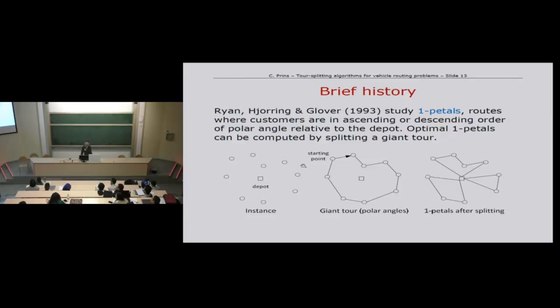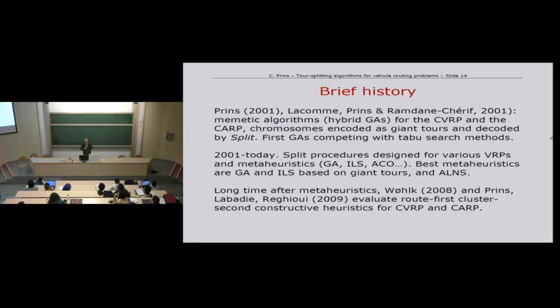You have the depot, a set of customers. You compute a giant tour visiting the customers in ascending order of a polar angle, taking the depot as origin, and then you split it. It does not solve the CVRP to optimality, but you obtain the best possible solution with one-petal routes. Unfortunately, these solutions, in practice, are not very good compared to the optimal solution of the CVRP.